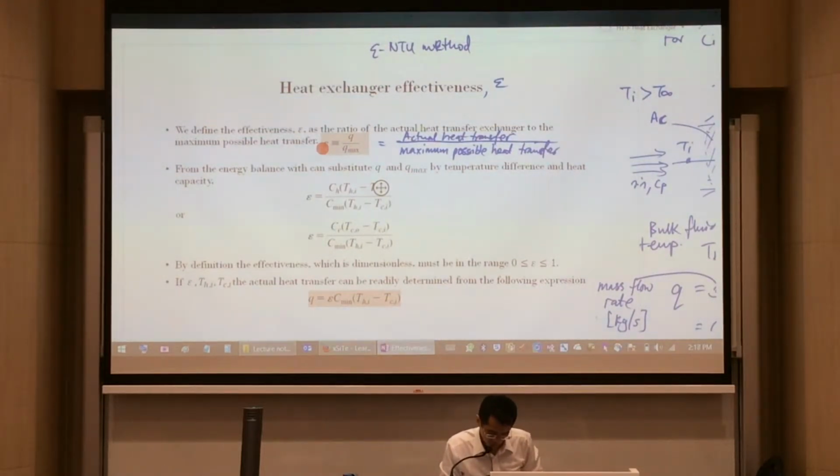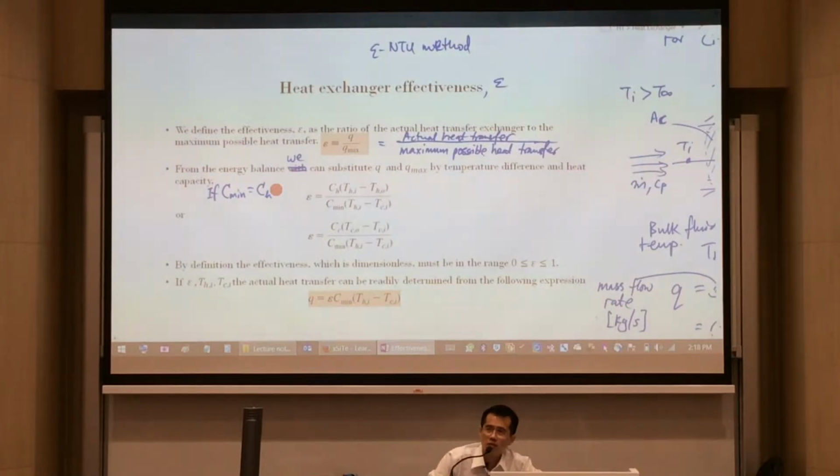I want to have a closer look at this following term as well. If you look at these words over here, from the energy balance, we can substitute Q and Qmax by temperature difference and heat capacity. And there are two forms over here. This first form refers to the case where C min is equal to CH.